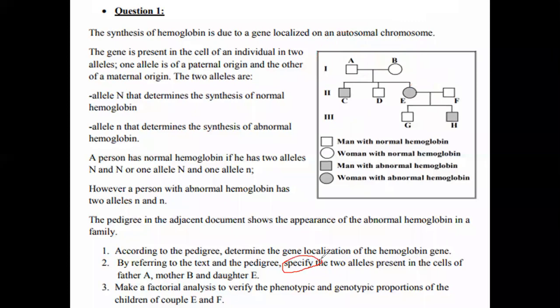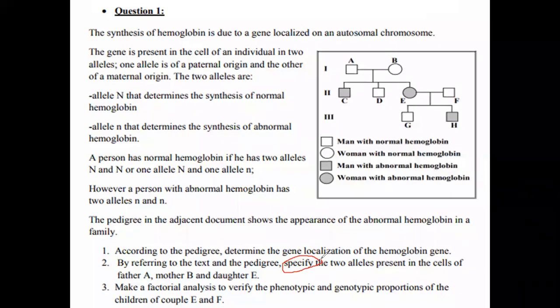If I didn't justify, this means that I didn't give the answer completely and you will not get any mark on this part. So any verb like specify, we have to justify. Otherwise, it will not be a correct answer.